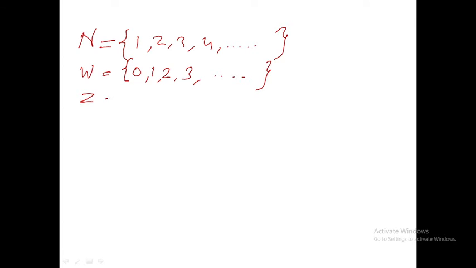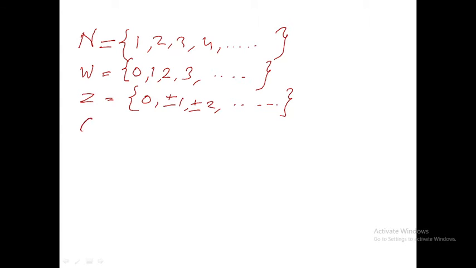Z. Z is what? Z is the set of integers. We can take here 0, plus minus 1, plus minus 2. Okay. So all the negative numbers and positive numbers plus 0 form the set of integers.